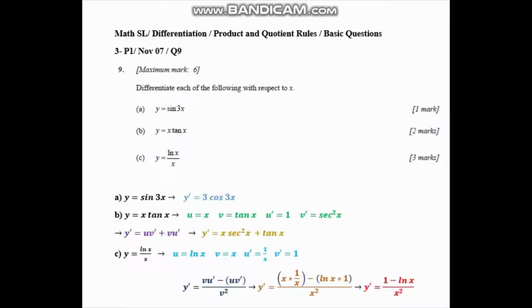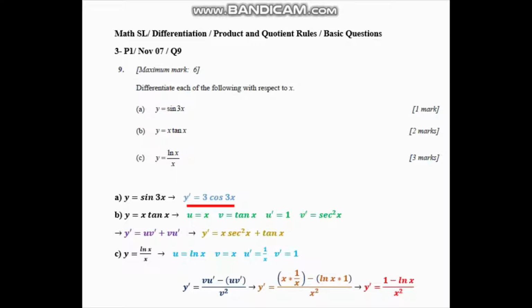So again, with question A, the answer is pretty simple. The differentiation of sine 3x becomes 3 cosine 3x. For question B, you have y equals x tan x. So we start by identifying our variables, because we have 2 functions here, x and tan x. So we're going to use the product rule, obviously.